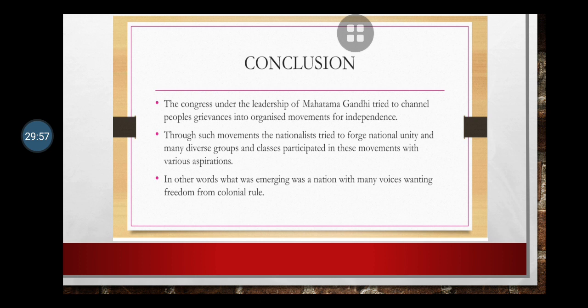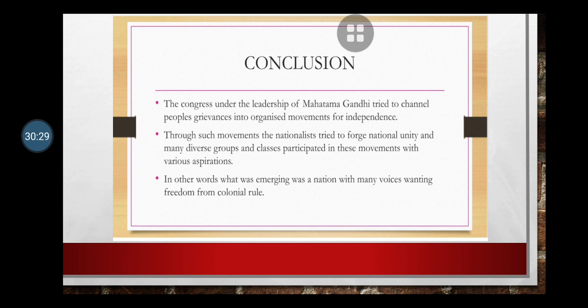Now, one thing I would like to mention in the end, when we were talking about the limitations of the civil disobedience movement, the groups of people who did not participate. One was the Dalits. They did not participate because the Dalits always feared that the Congress was closer to the upper caste Hindus, the Brahmins. They thought that after India becomes free, there would be Brahman Raj again, and they would be dominated.